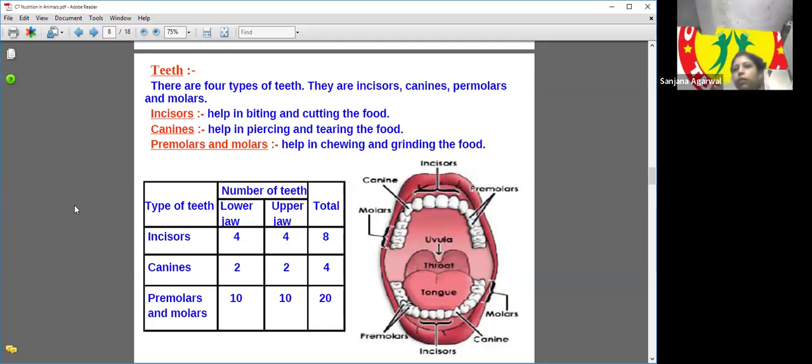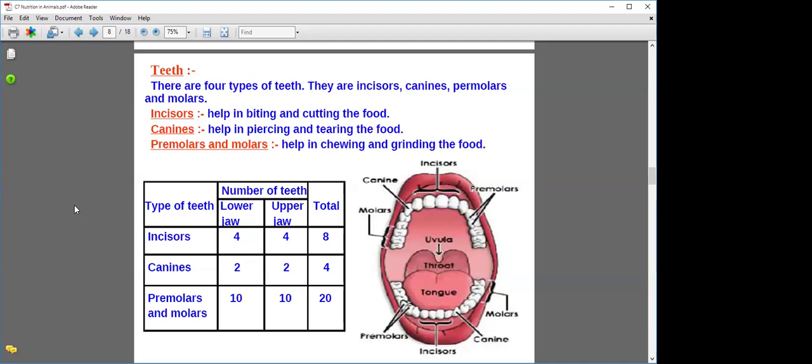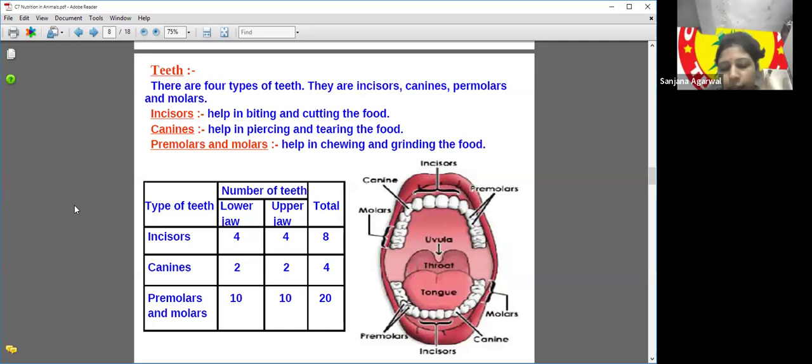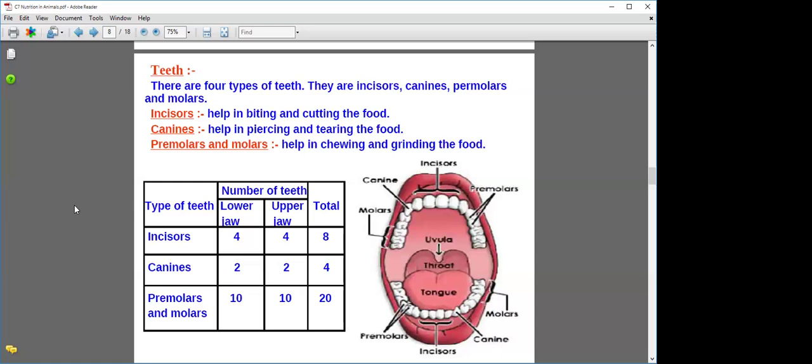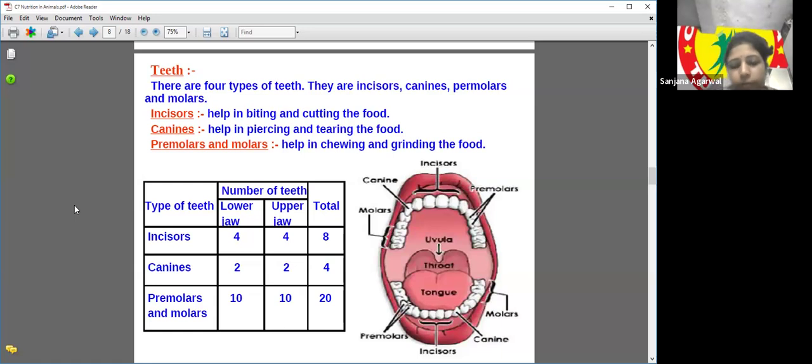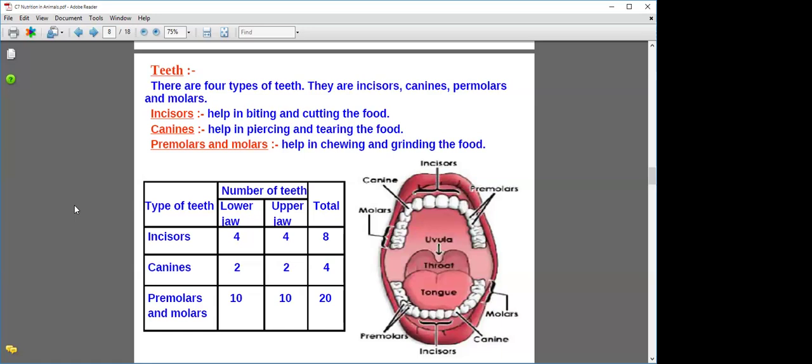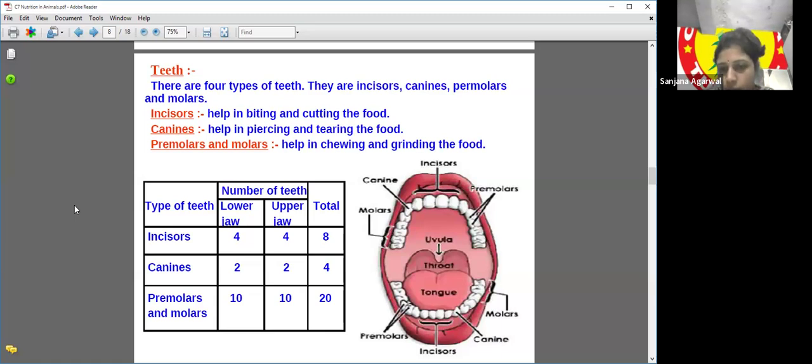So what do you think is the common function of the different teeth present inside the human mouth? Name the different types of teeth present: starting from incisors, canines, premolars, and molars.